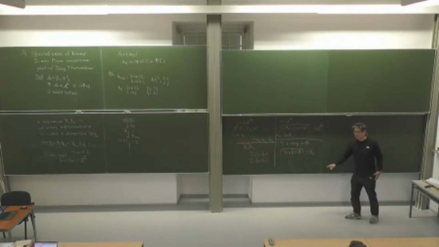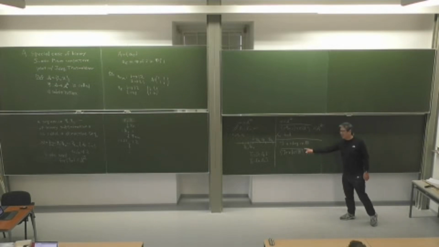We will discuss what this topology is, but we take the orbit and take the closure. And this is called the continuous hull.